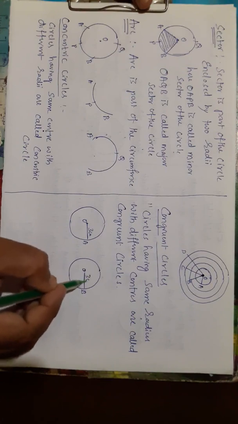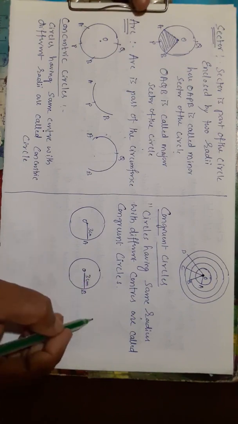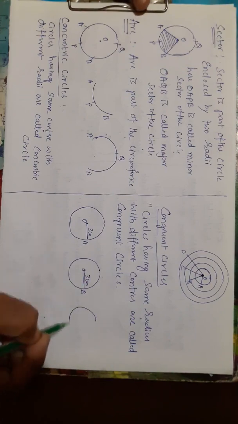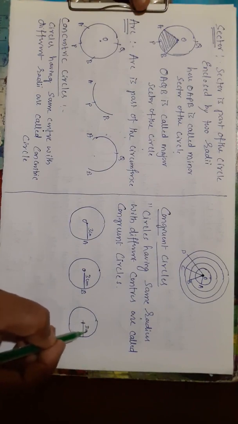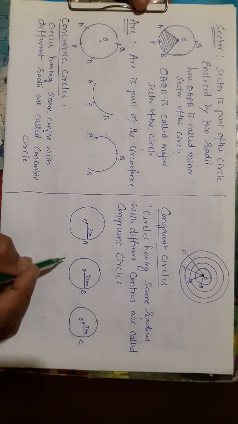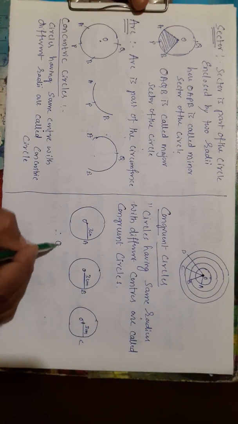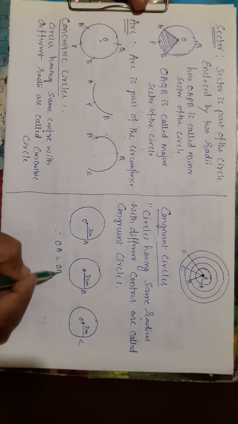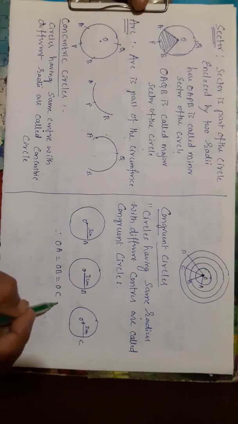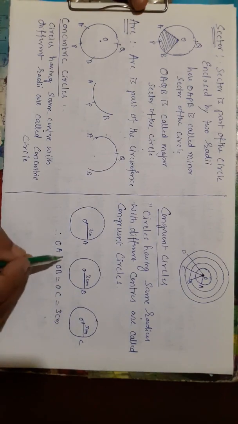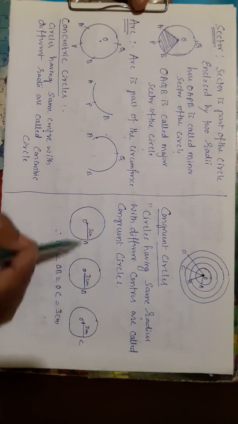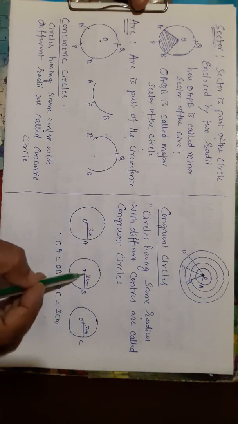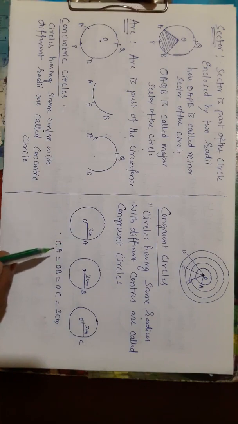This is also 3 centimeters. One more circle having the same radius, 3 centimeters, that is OC. Here OA is equal to OB is equal to OC equal to 3 centimeters. Circles having the same radius with different centers are called congruent circles.